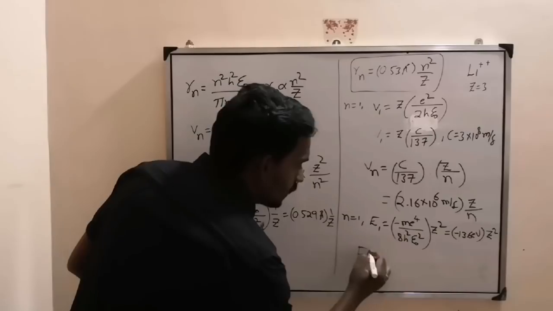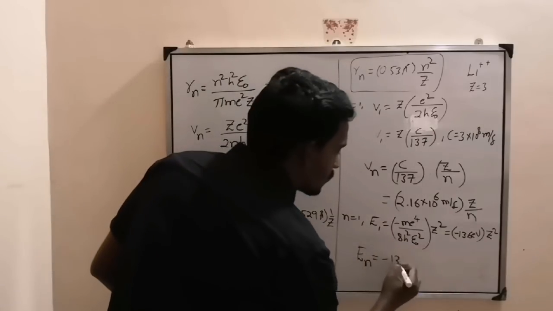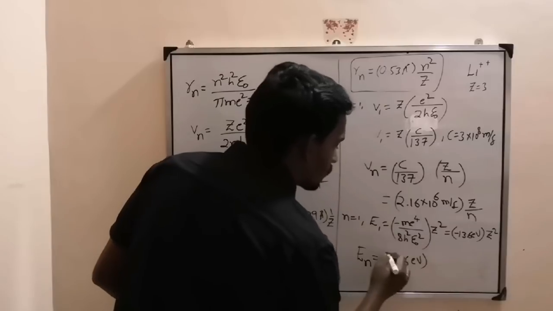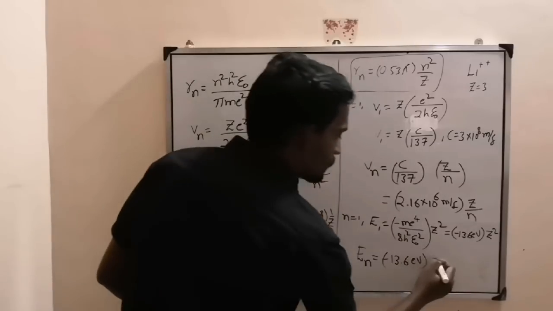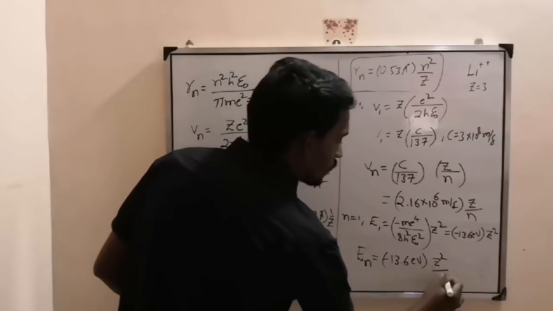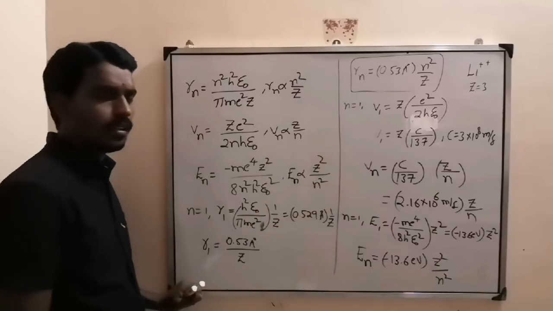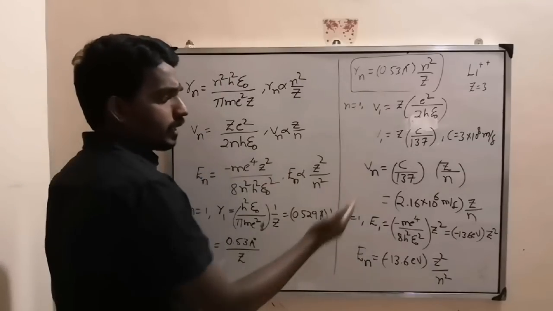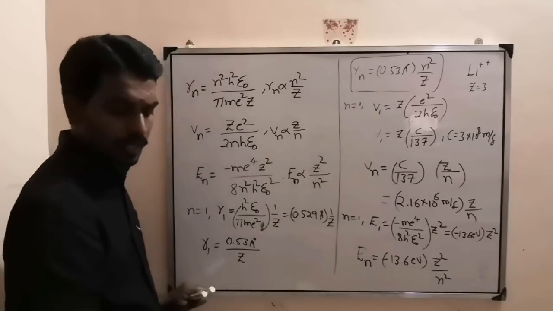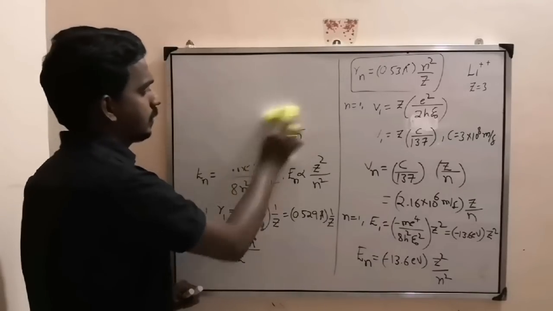So nth orbit electron energy is given by minus 13.6 electron volt times Z square by n square. So these are the formulas for the nth orbit radius, nth orbit speed, nth orbit energy. Apart from this, what else can they ask?